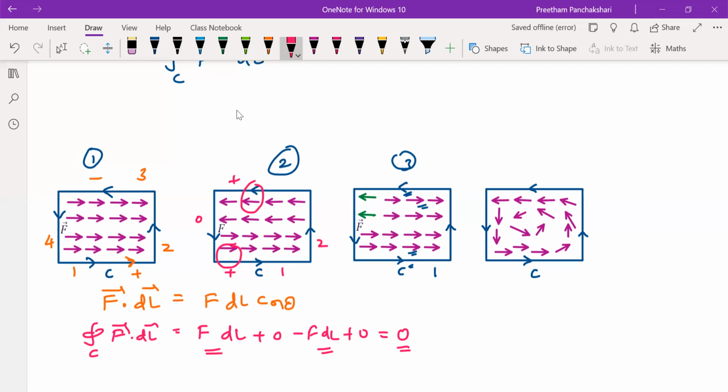So that's why the total circulation, if you find in figure number 2, is going to be 2 times F dl. So that's why this rectangular object experiences a rotational force or a circulation of the force, and it starts revolving. You can easily predict the direction of revolution.